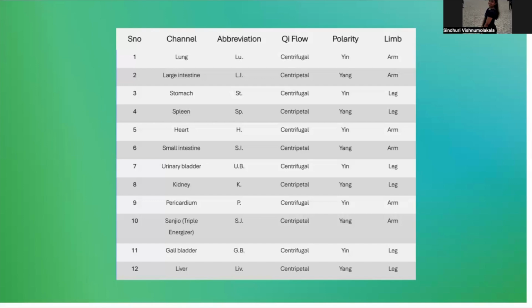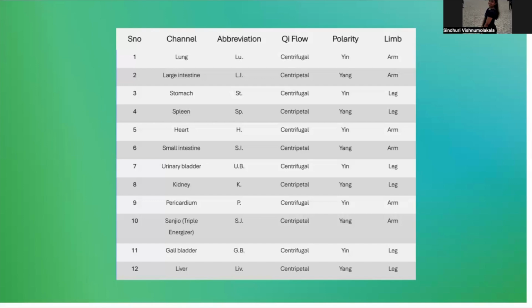And from there, the stomach meridian starts, which goes to your leg and your ankle, where they meet the spleen meridian, and the meridian points start at the ankle or your toes and flow to your heart. This is how a cycle is formed.